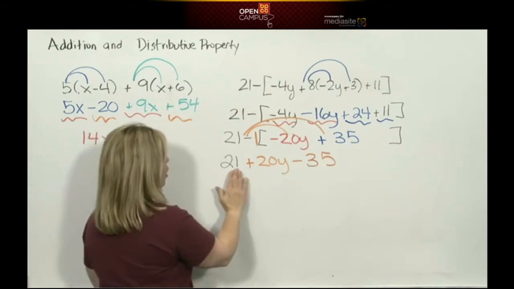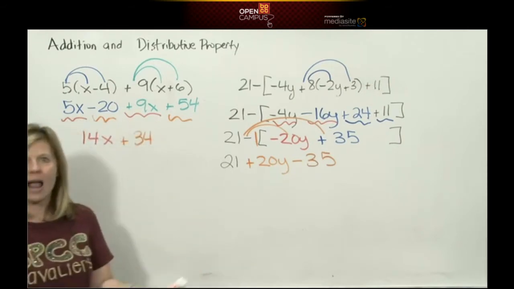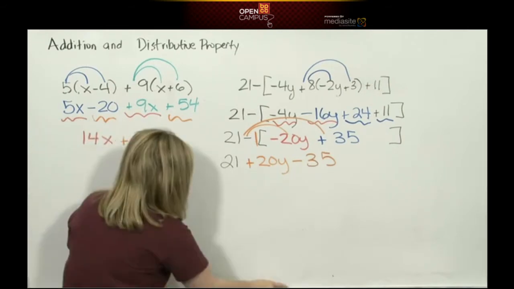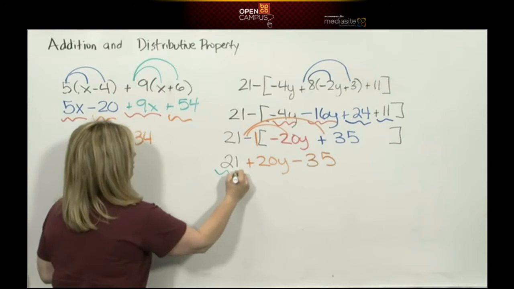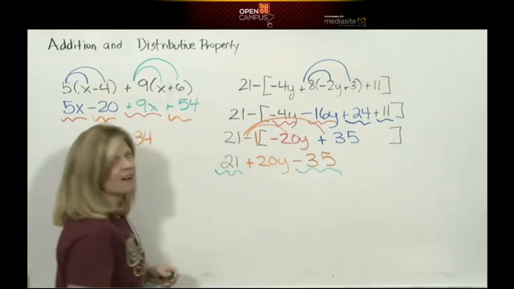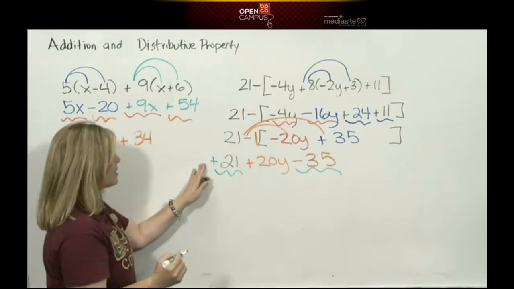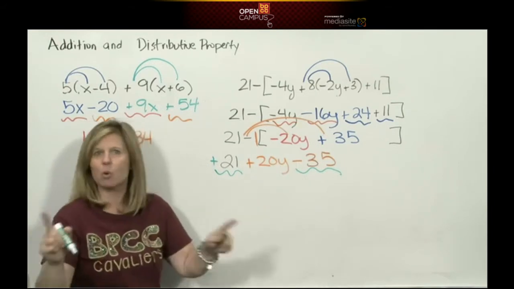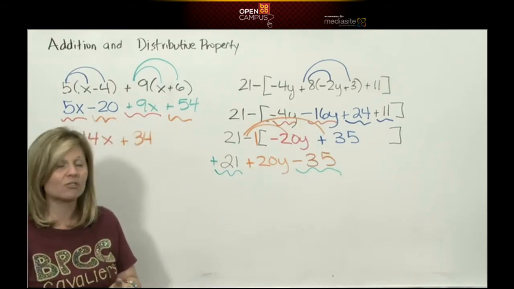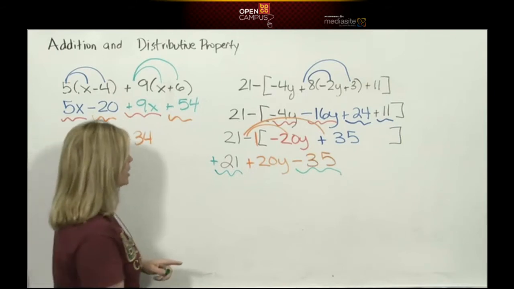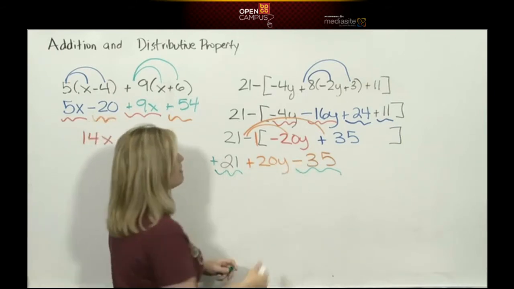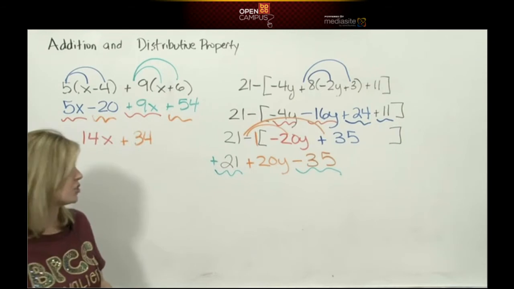Now let's look. I have 1, 2, 3 terms. Are any of them alike? Well, sure. I have some constants. I have 21 minus 35. The 21 is positive. The 35 is negative, so I'm not going to add. I'm going to subtract and give it the sign of the larger. So 21 minus 35 would be -14.